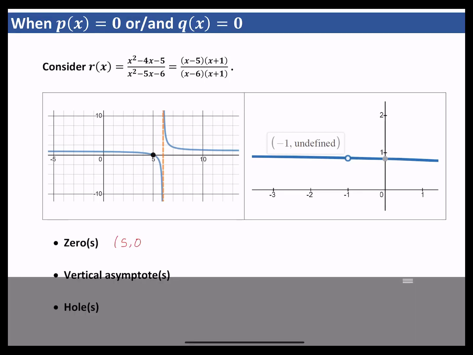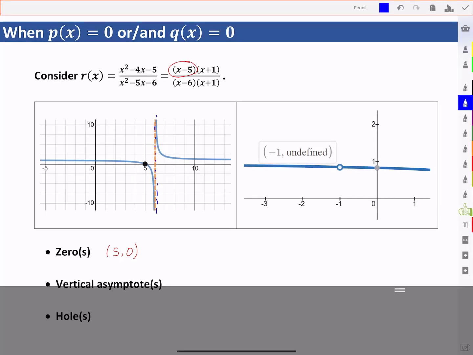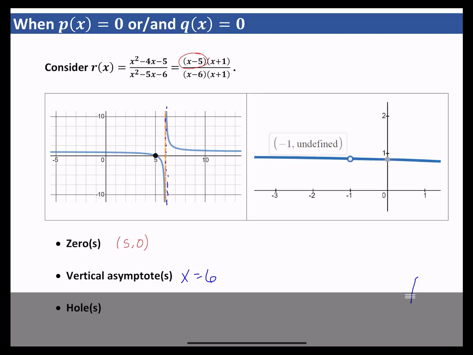So there's an x-intercept at (5, 0), and this was when only the numerator equaled 0 because of that factor x minus 5. We also see that there is a vertical asymptote at x equals 6, and that was where only the denominator equaled 0 because of the factor x minus 6.